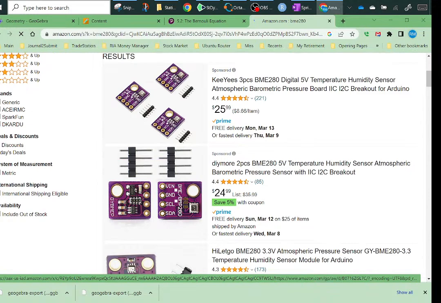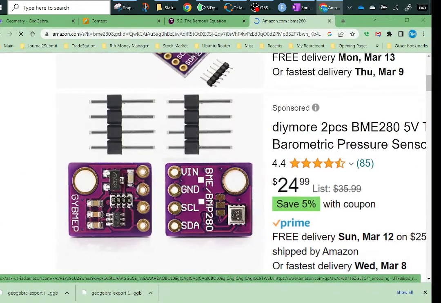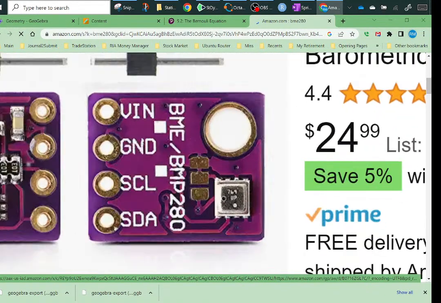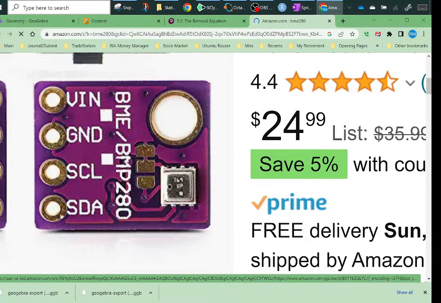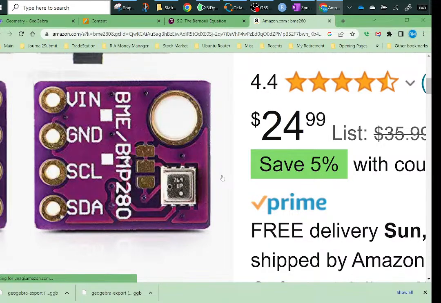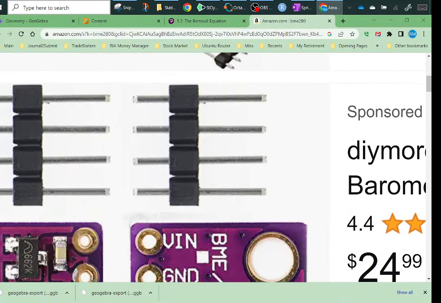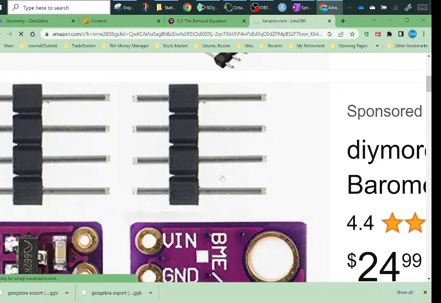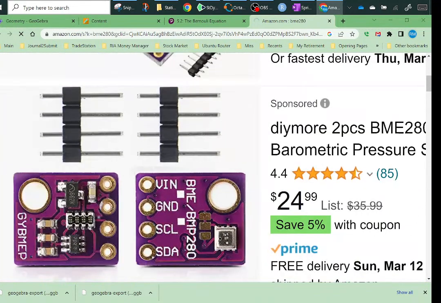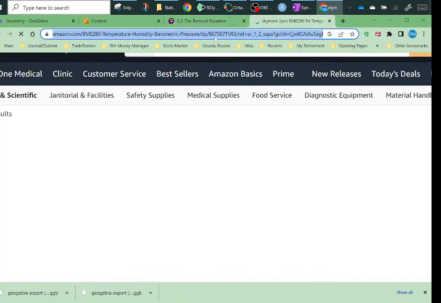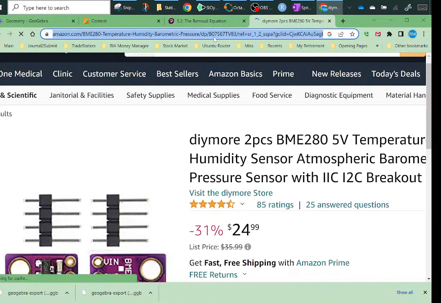What it is, is a tiny pressure transducer right in that little square right there. And then you hook these things to this. It looks like you have to solder those onto here.